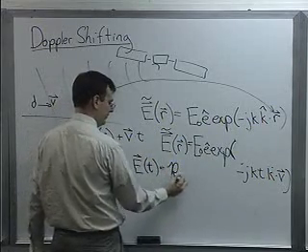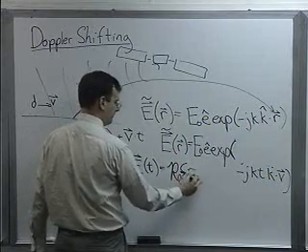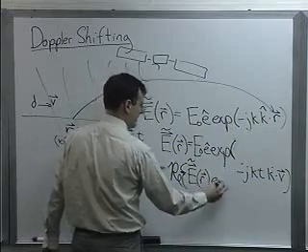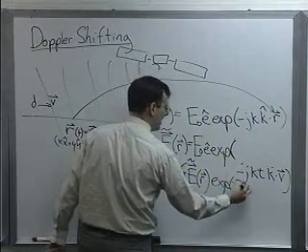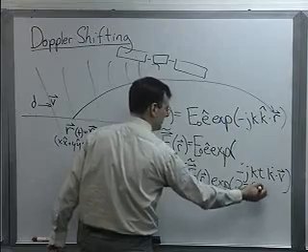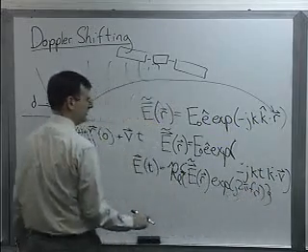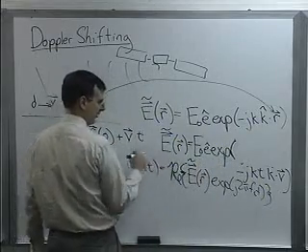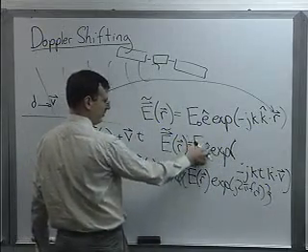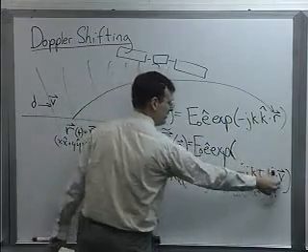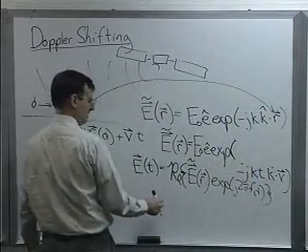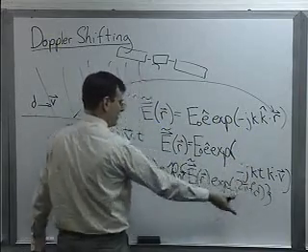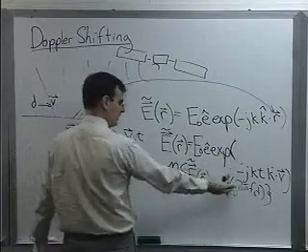I take the real value of E vector exp j 2 pi fct, my carrier frequency fc. And I plop this expression in for my electric field. It's really just an amplitude, a polarization vector, and this time-varying frequency offset. So these exponential arguments are going to add together. When I take the real value, that's just going to make the cosine.